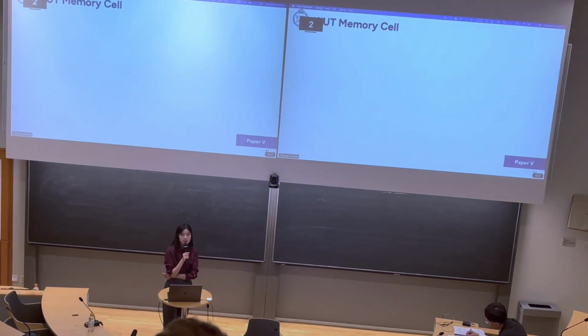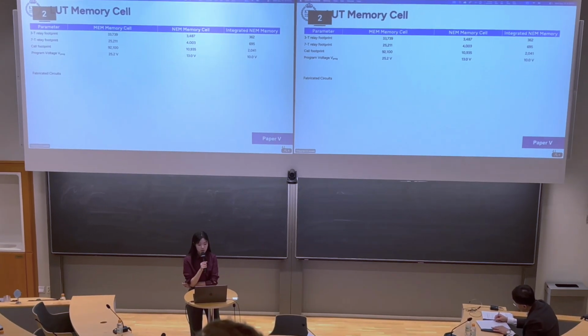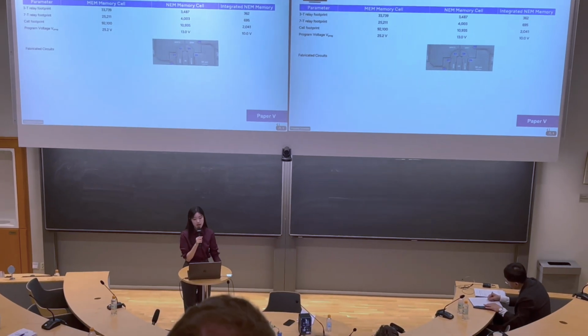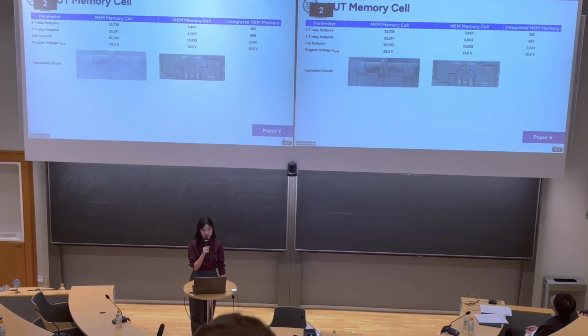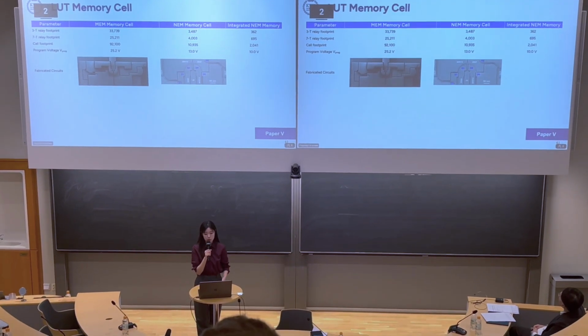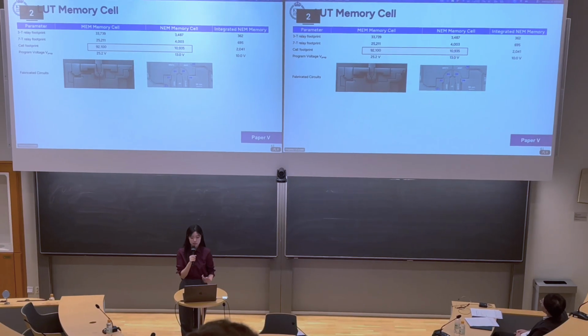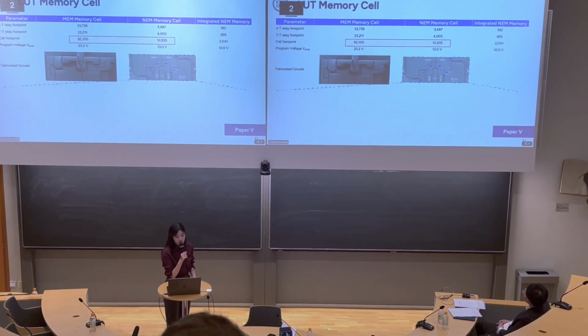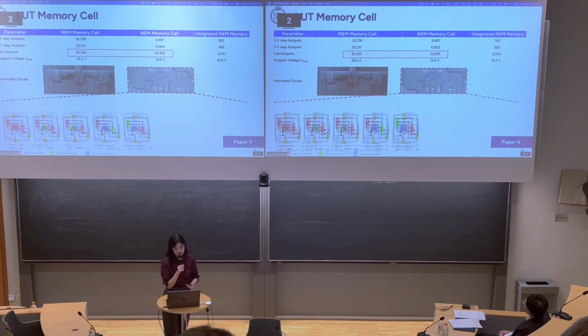And second, we implemented a lookup table memory cell built with 2 3T NEM switches and 1 7T NEM switch. If you compare it with the microscale design, we have reduced the footprint by a factor of 8.5. So how does it work?